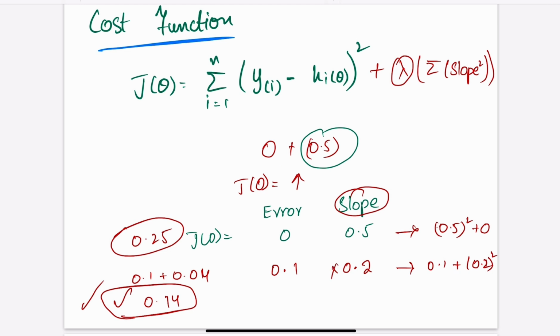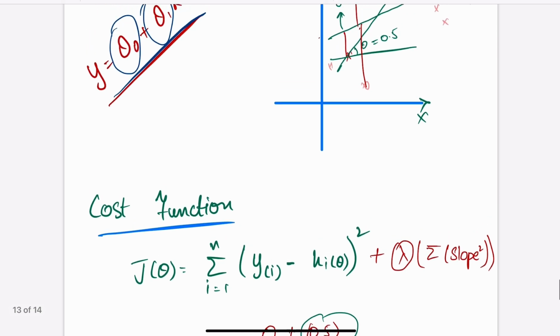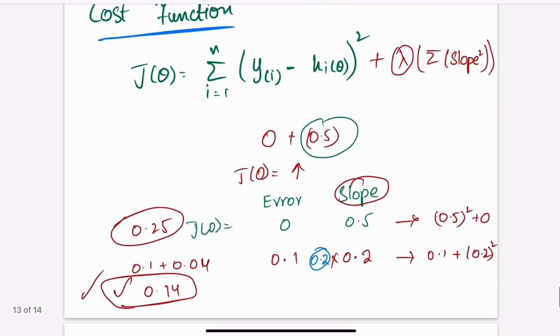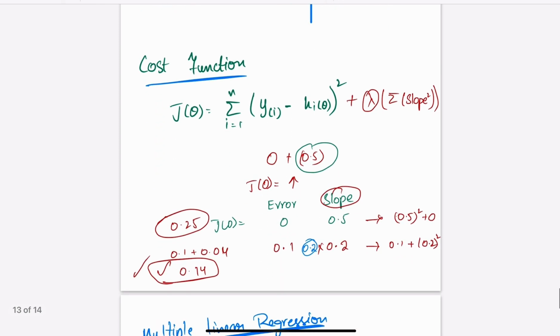You will give more power to this slope, so if the slope is large compared to the error, you ask the model to decrease the slope. For instance, let's say the lambda value is 0.2, in the sense like you are giving more power. That is a hyperparameter in the model, which you can give as an input to the model. So that's about ridge regression.